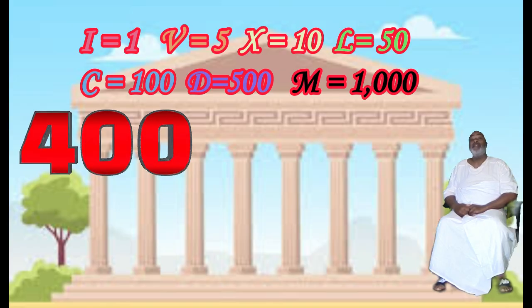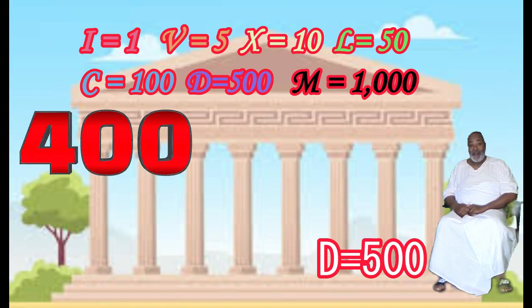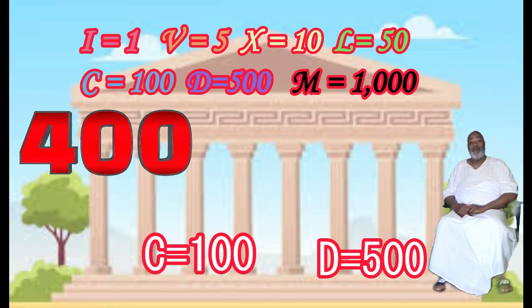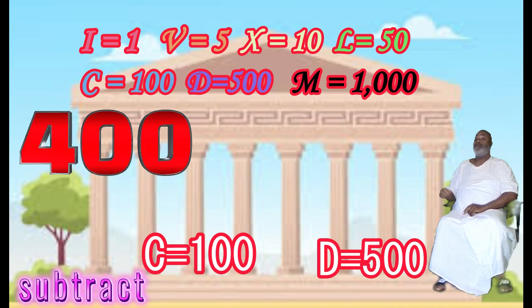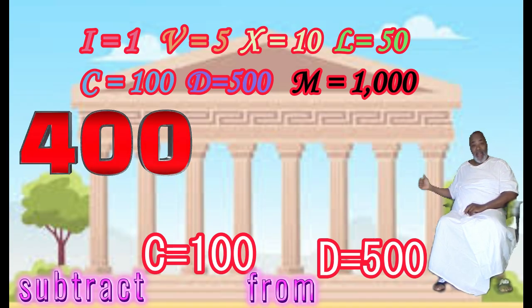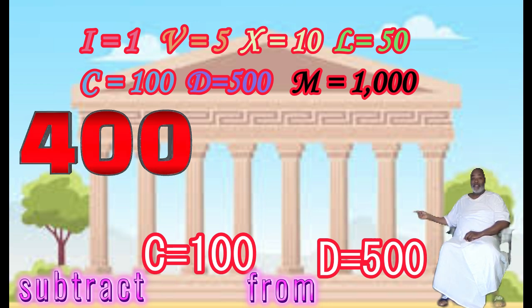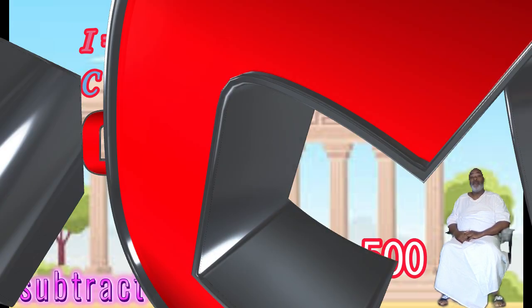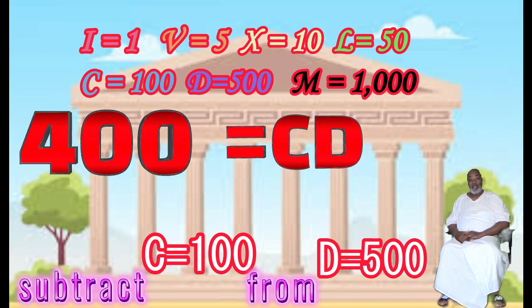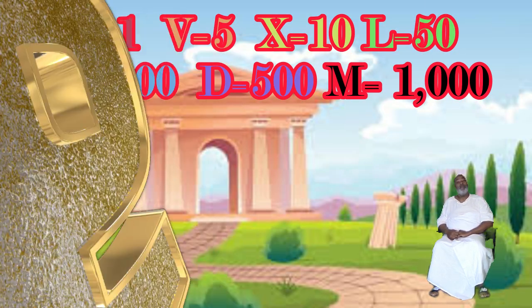We know the capital D represents 500, and we know the capital C represents 100. So what do we know? We're going to subtract 100 from 500. C, capital C, and capital D. So if we put those two together, it represents 400.